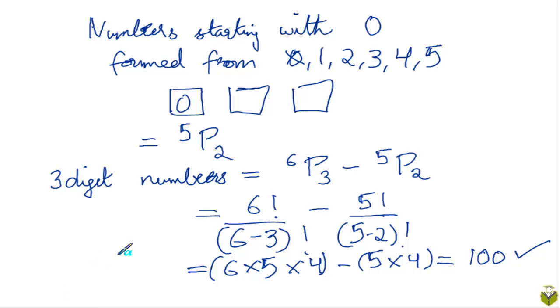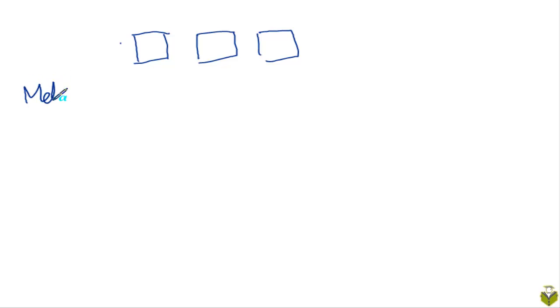We could have also solved this question using what we did before, just using fundamental principles of counting. Let me go to the next page. We have these 3 boxes, right? There was another method, I call it method 2 here, but you had used it before. So here you have 3-digit numbers to be formed from 0, 1, 2, 3, 4 and 5.